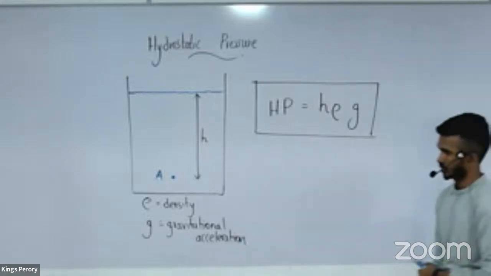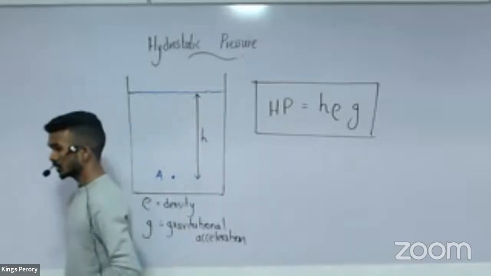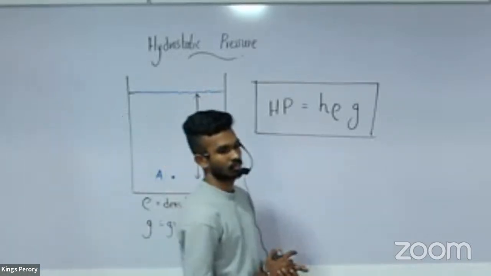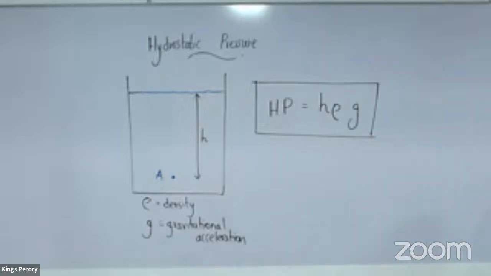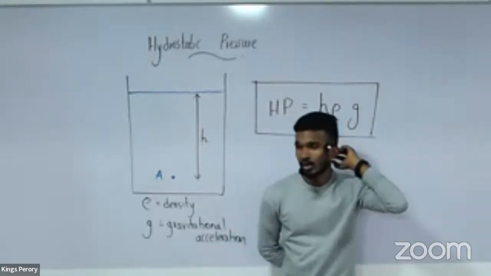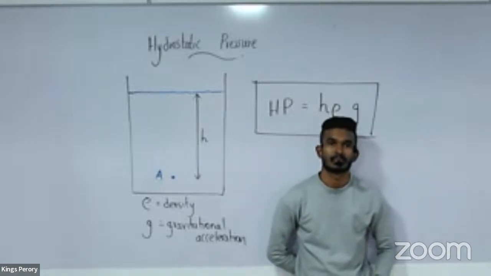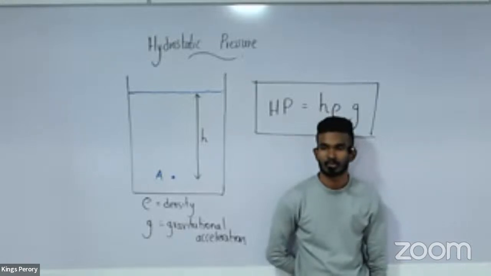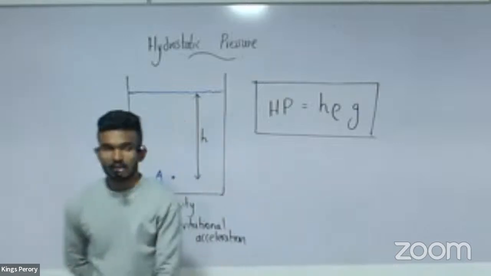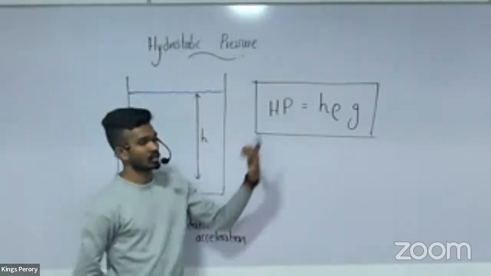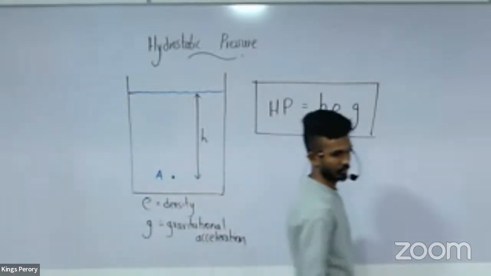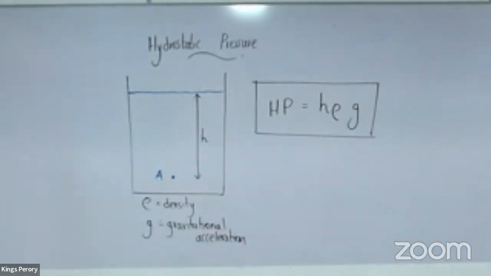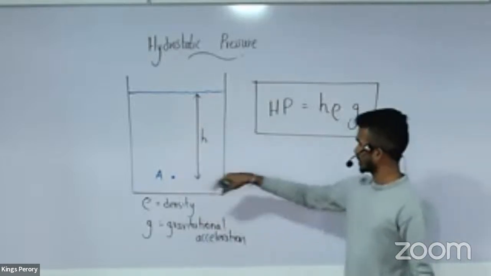Full stop, continue. It is calculated by the following equation. Under that, draw this and write h rho g, boxing. First draw this, write these things, after that write this.